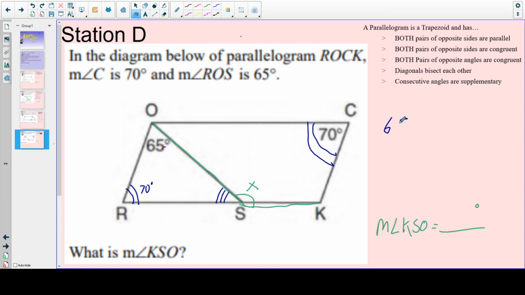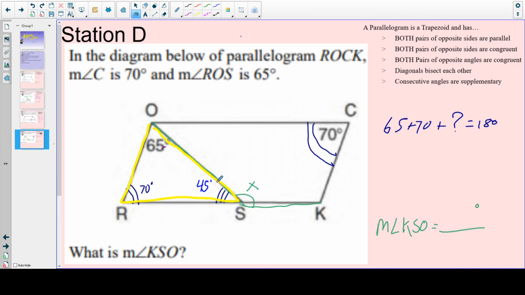We can do 65 plus 70 plus something is 180. Isn't this a triangle? If I want to find the third angle of a triangle, I can add these up and subtract from 180. So 70 plus 65 is 135, and 180 minus that is 45 degrees. So this happens to be 45 degrees.